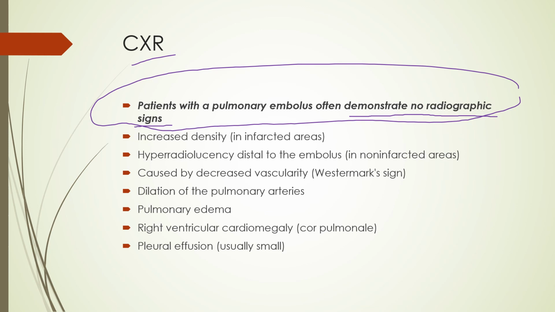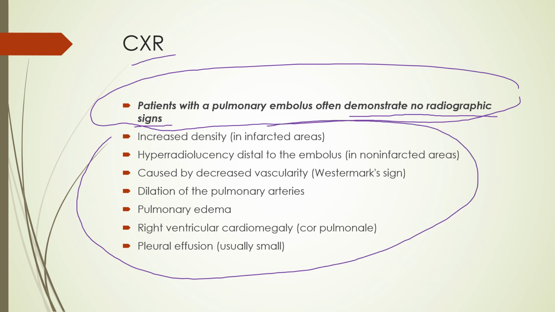If you do see something on their x-ray, so a pretty significant PE, you would see a lot more density, so it'd be radio opaque in the areas where there is low blood flow, right? Because that area is going to be collapsed, consolidated, and there's no blood flow there. So you're going to see a lot more radio opacity in that area.